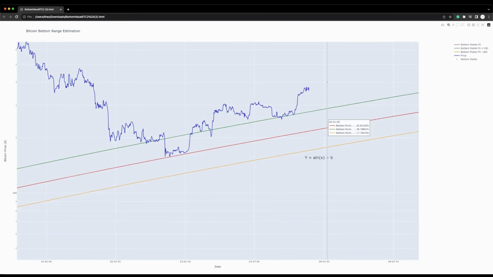And using our Bitcoin bottom range model, we can predict that the Bitcoin bottom will be at 22.61k, but our uncertainty region is between 17.76k and 28.78k.